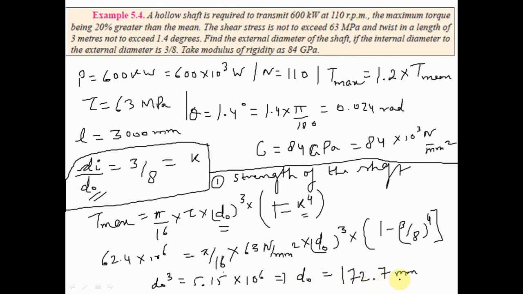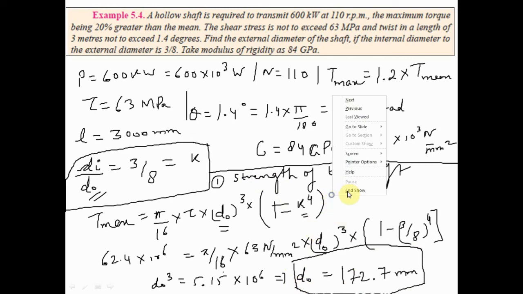So this is based on the criteria when we are considering strength of the shaft. So we have taken T by J is equal to tau by R. From there we got the value of outer diameter of the shaft as 172.7 millimeters. So this you keep as it is. Now let's do it with the second concept.